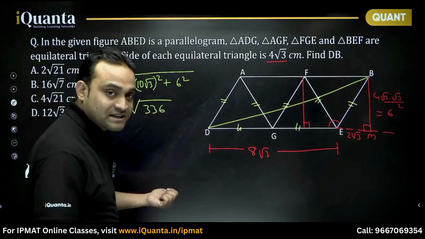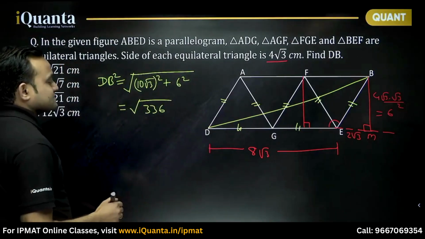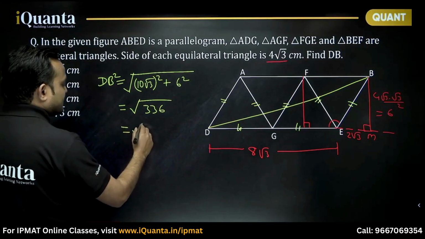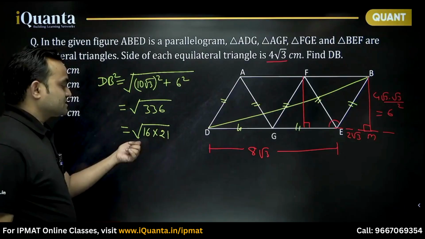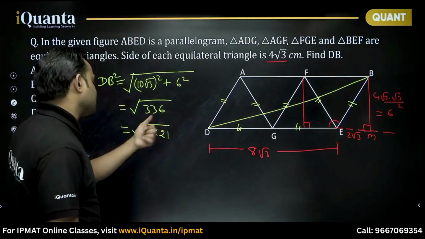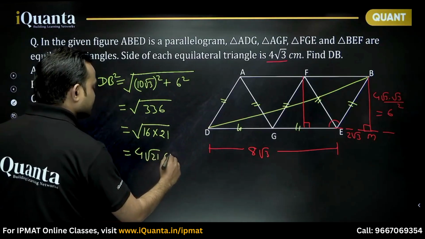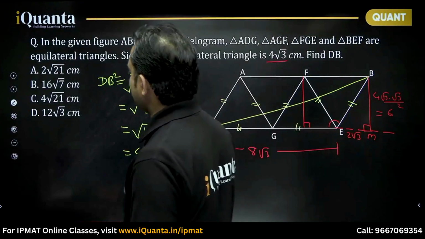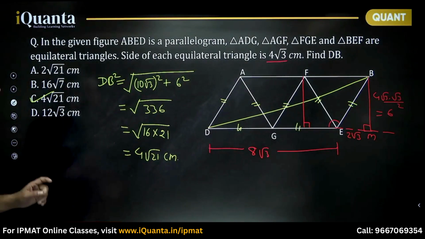Now what is 336? If you check, this is nothing but can be written as 16 into 21, right? 16 into 20 is 320 plus 16, which we can write as 4 root 21 centimeter. And that is the length of BD. So our answer is 4 root 21 centimeter, option C.